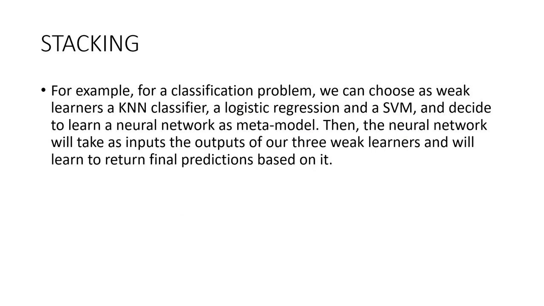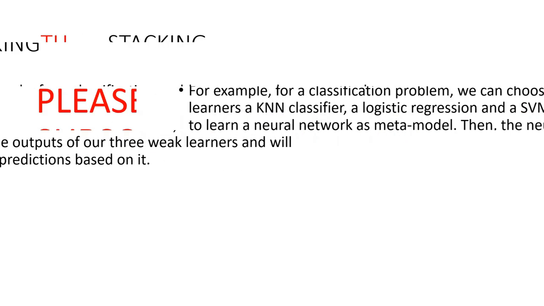For example, for a classification problem, we can choose weak learners such as k nearest neighbors, logistic regression, and support vector machine, and decide to learn a neural network as the meta model. Then the neural network will take as inputs the outputs of our three weak learners and will learn to return final predictions based on them.